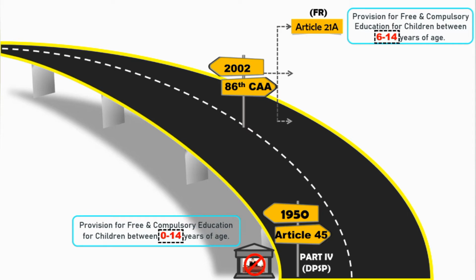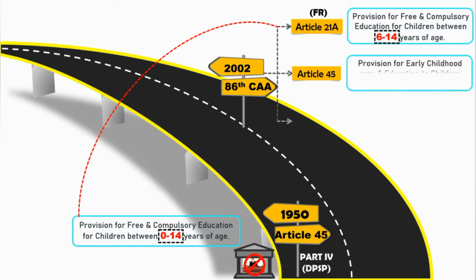The second change was made in Article 45. Since the provision of Article 45 was shifted to Article 21A, so the previous provision of Article 45 was changed to this, that is, provision for early childhood care and education to children between 0 to 6 years of age.